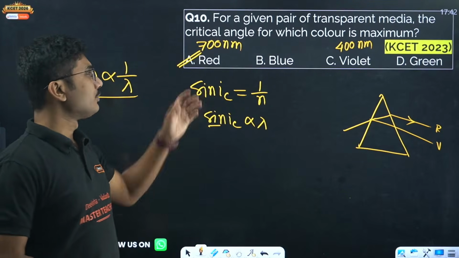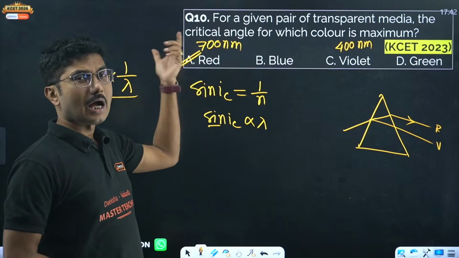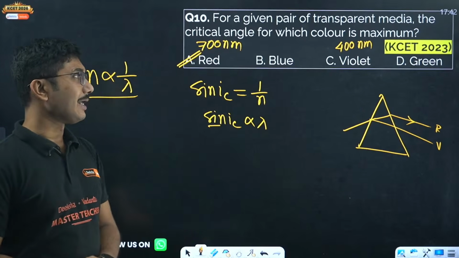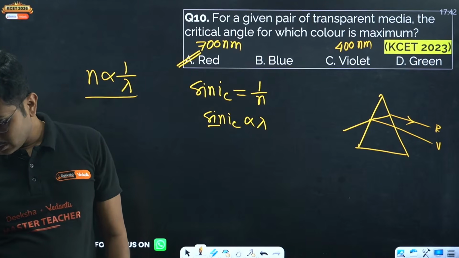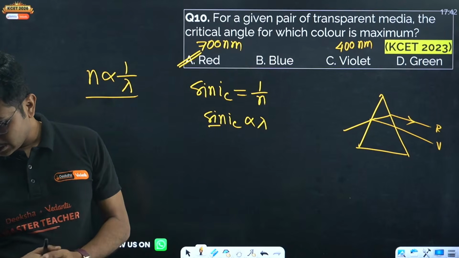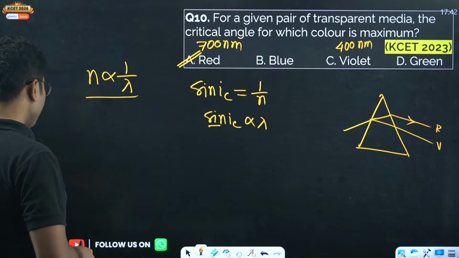Higher the wavelength, higher is the critical angle, so critical angle will be maximum for red color. Yes, correct, all of you are correct.